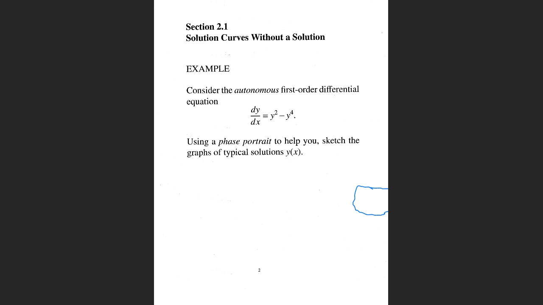It's independent of x, although y is understood to be a function of x, in the sense that there's no x term on the right-hand side. So we call this an autonomous differential equation.